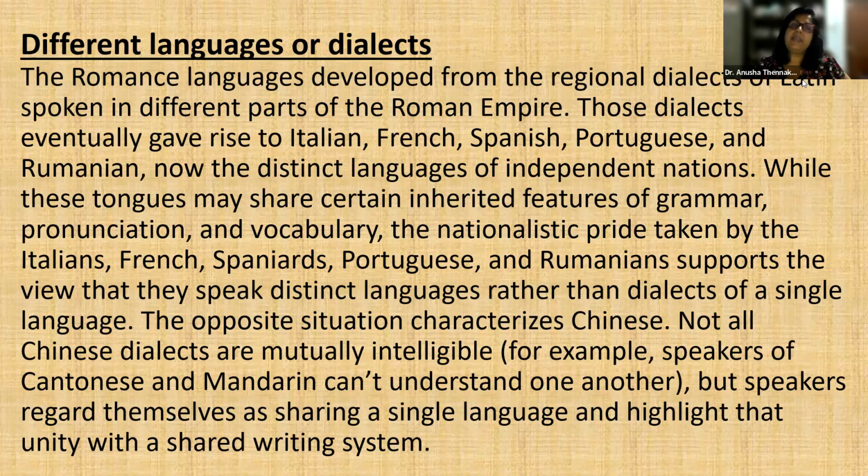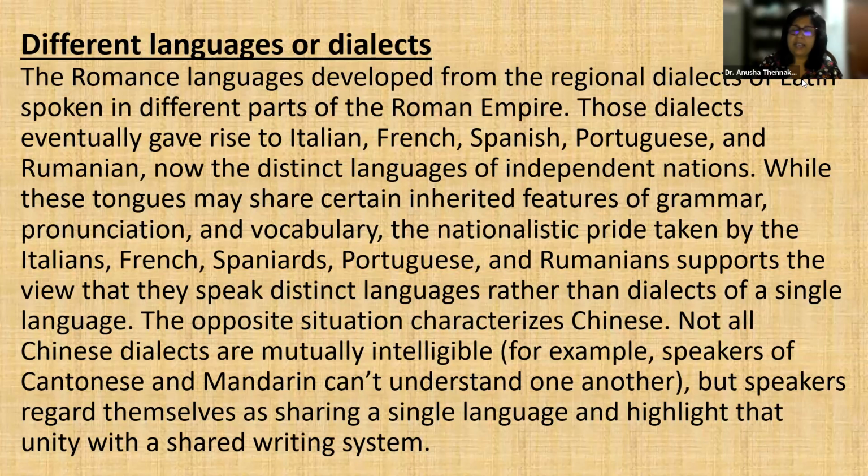While these tongues may share certain inherited features of grammar, pronunciation, and vocabulary, the nationalistic pride taken by the Italians, French, Spanish, Portuguese, and Romanians supports the view that they speak distinct languages rather than dialects of a single language.